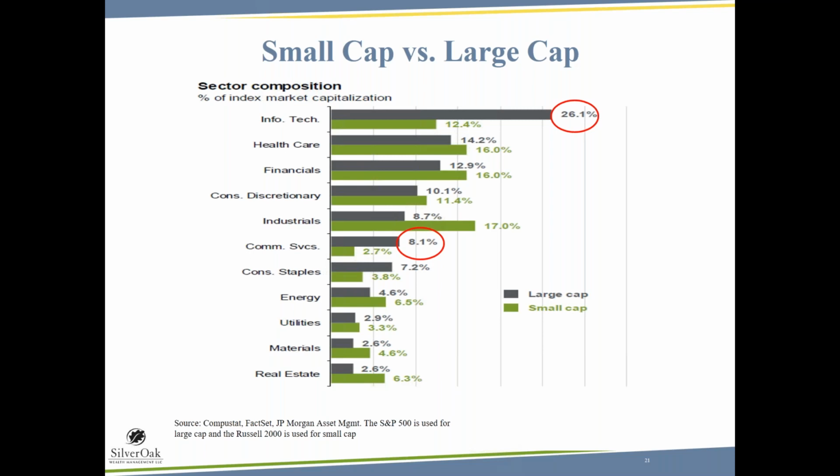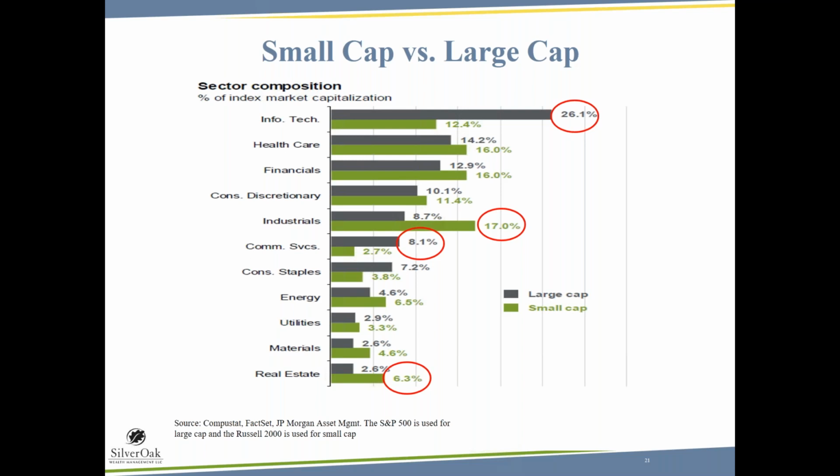And again, when we look at communication services, while that's a bit more value, it is a big sector within the large cap versus the small cap area. And then the big areas within small cap, industrials and real estate, just didn't have the same big performance that you saw from technology.